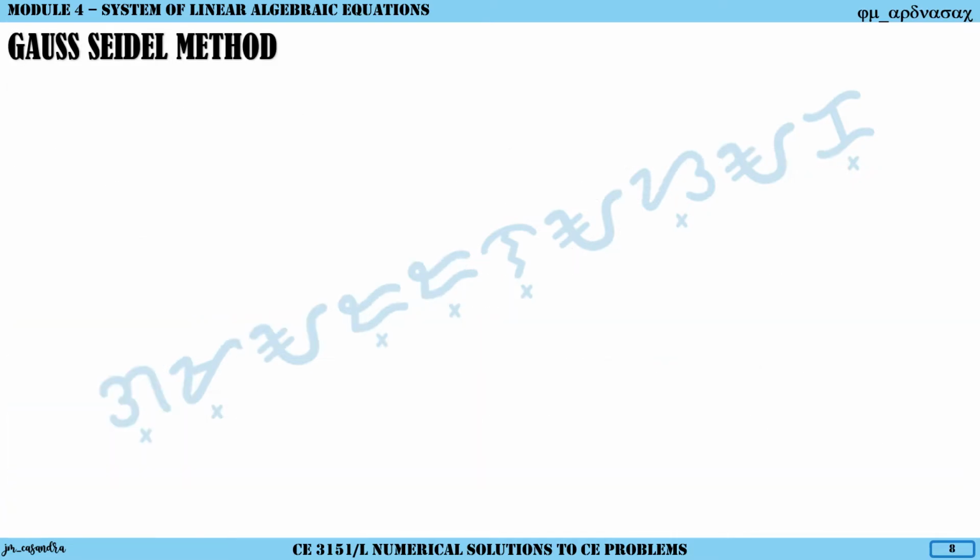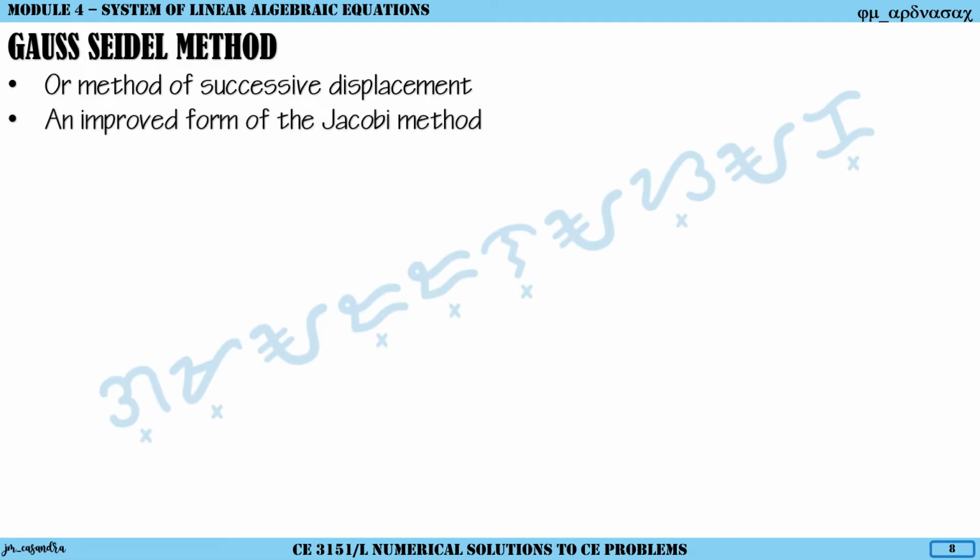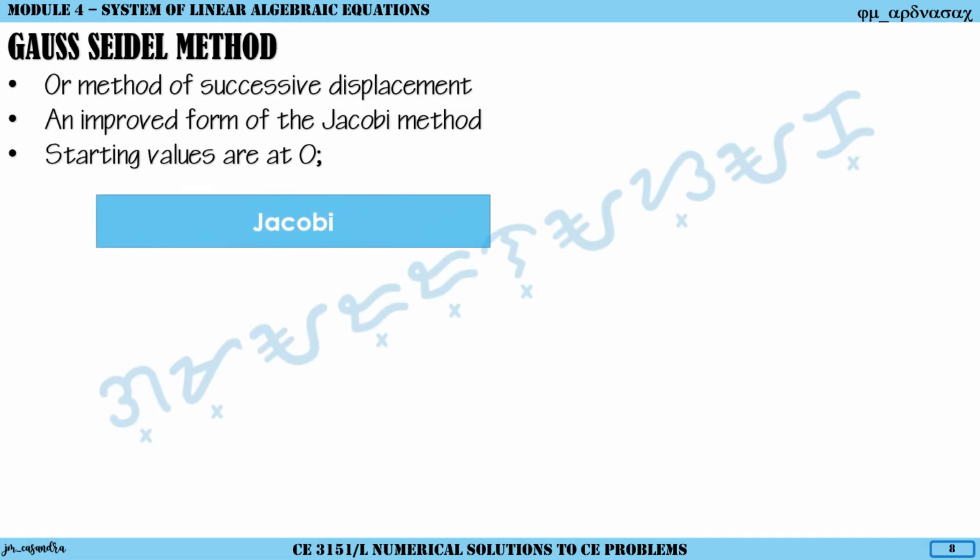So the next method is the Gauss-Seidel method, also known as the successive displacement. This is an improved form of the Jacobi method, and our first assumption would also start with values of 0.